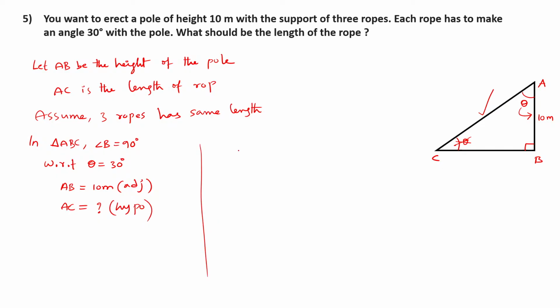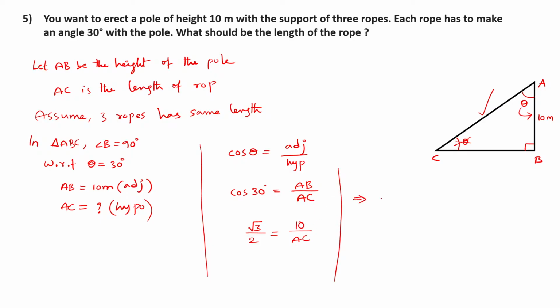So what is the trigonometric ratio? It is nothing but cos theta. Cos theta formula is adjacent side by hypotenuse. Substituting the values, cos 30 degrees is equal to adjacent side AB by hypotenuse AC. Cos 30 value, if you can remember, is root 3 by 2. AC we don't know, so we write AC as it is. AB value is 10. Now simple transposition: root 3 into AC is equal to 2 into 10.